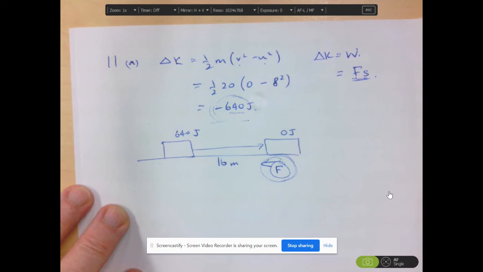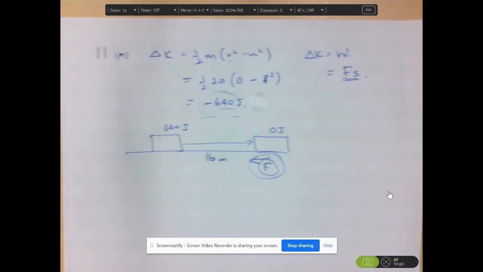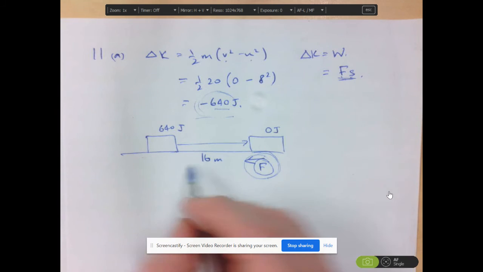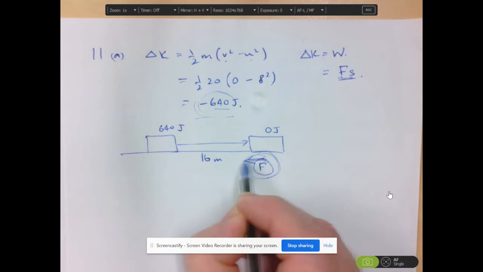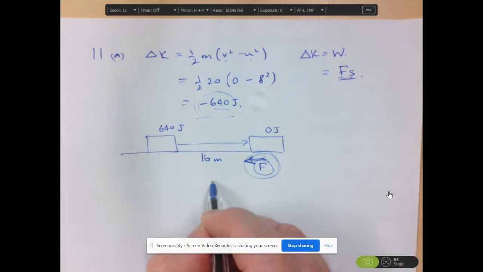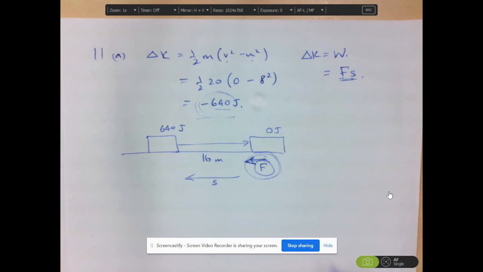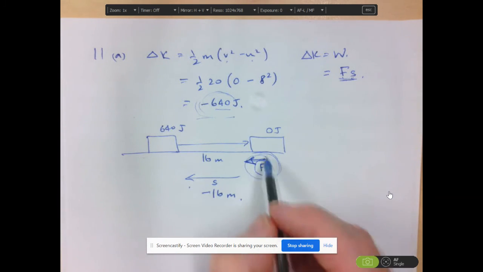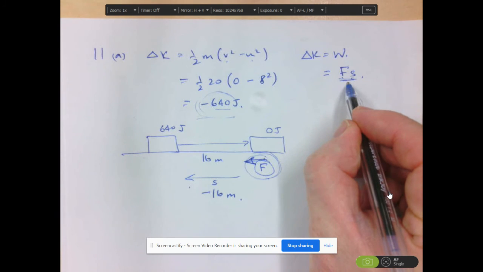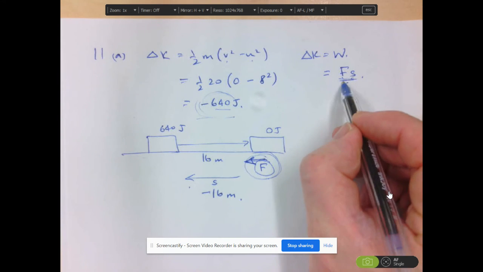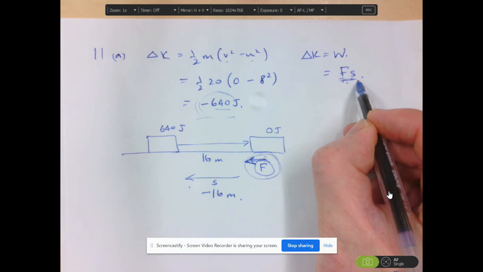I will say that again because I've confused you. The force is acting this direction, so my displacement has to be in this direction. So what is the displacement in this direction? It would be negative 16 meters. Remember, when we use this formula, the force and the displacement must be in the same direction.